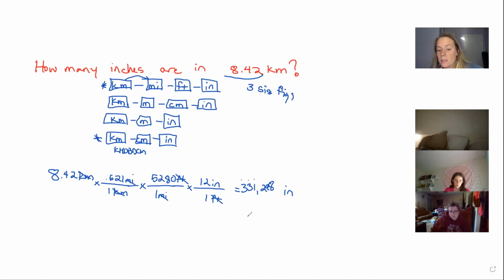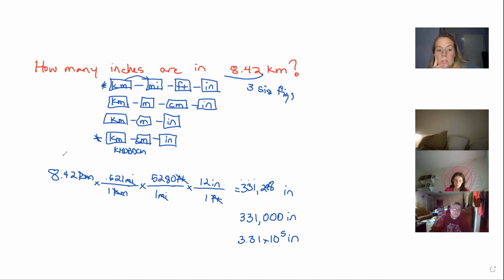The 2 will tell that 1 to stay. So 331,000 inches. Could write it in scientific notation as well. If the problem specifically asked for it, we would write it as 3.31 times 10 to the 5th inches.